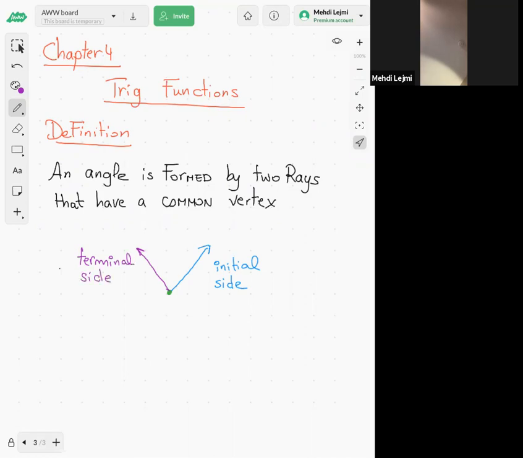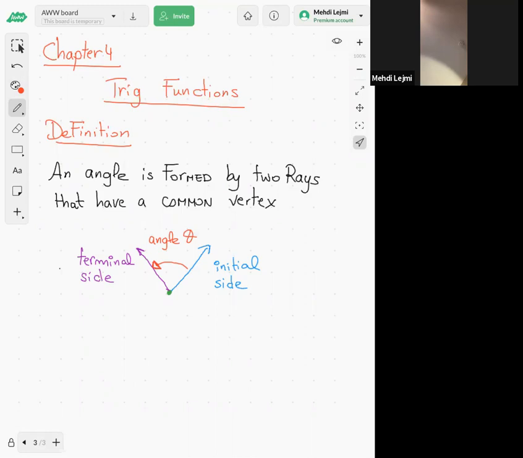And so when you go from the initial side to the terminal side, you form an angle, right? So there's an angle here, let's say angle theta.